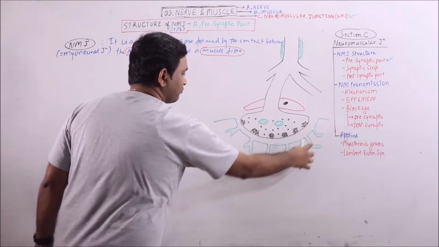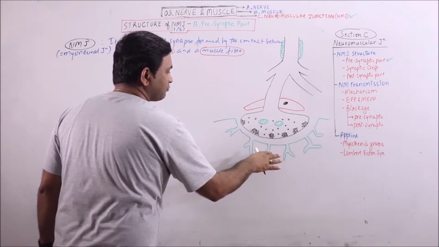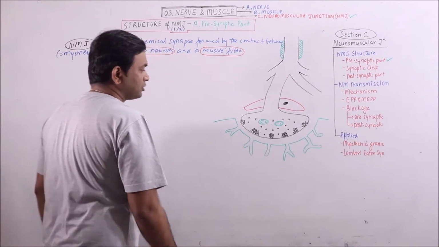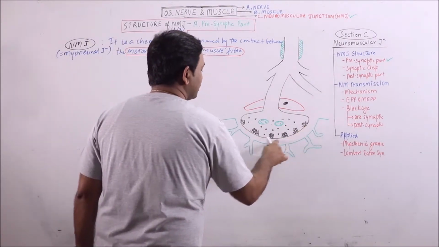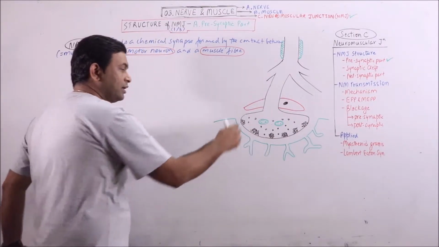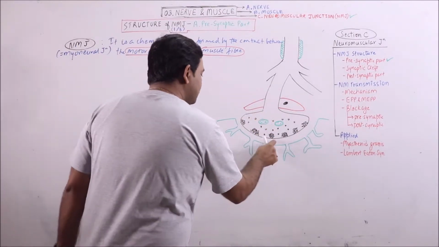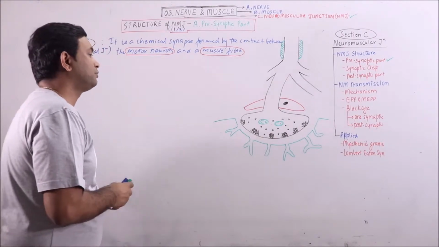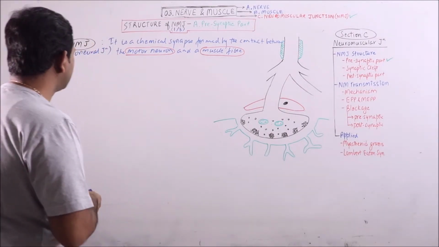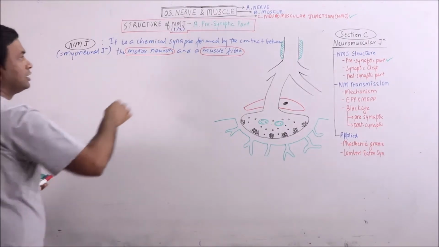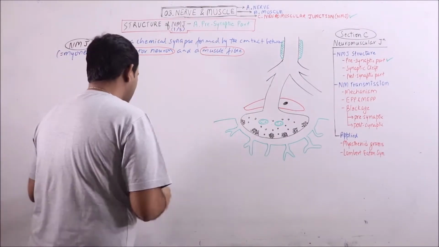This is the third component, that is a muscle fiber, the part of muscle fiber that participates in the neuromuscular junction. And the space between the first and third part is basically the synaptic cleft, which represents the second part of neuromuscular junction. So in this video we'll discuss the presynaptic part.